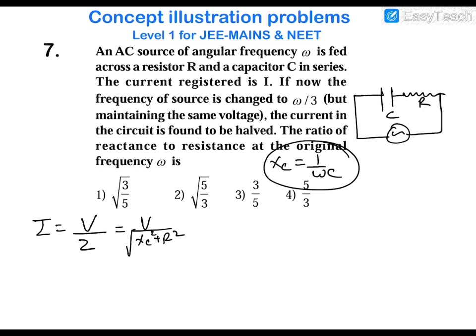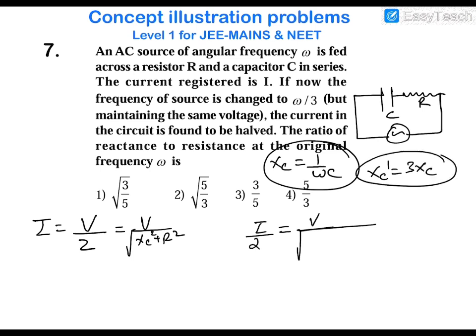Now we have decreased the frequency from omega to omega by 3. So the new current becomes I by 2, and it is V upon under root of, now XC new will become thrice of old XC, so it would be 9 XC square plus R square.